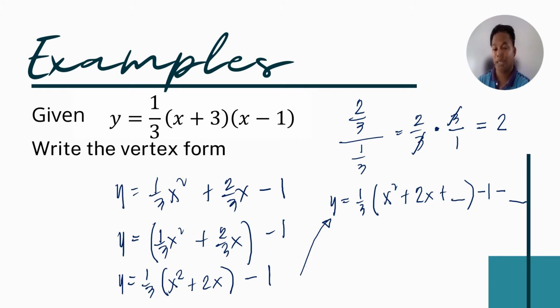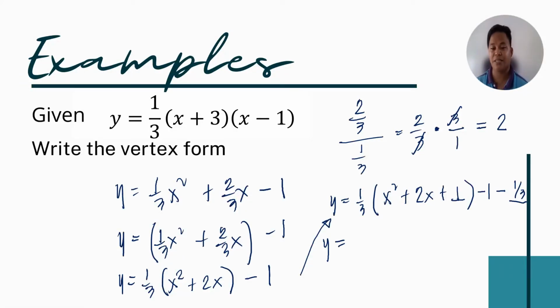We're going to divide 2 by 2. So, 2 divided by 2 is 1. And square of 1 is 1. And we're going to multiply 1 by 1/3 para ilagay po natin dito. Since 1 times 1/3 is 1/3.